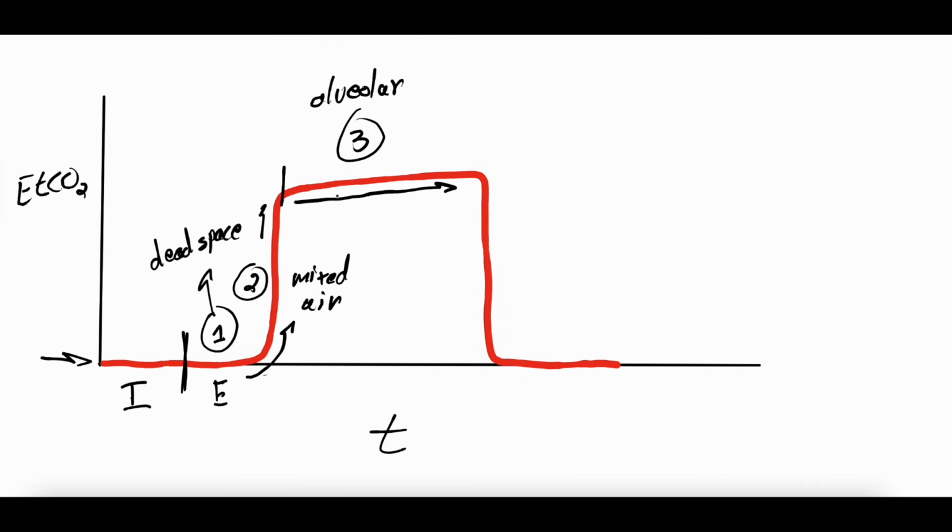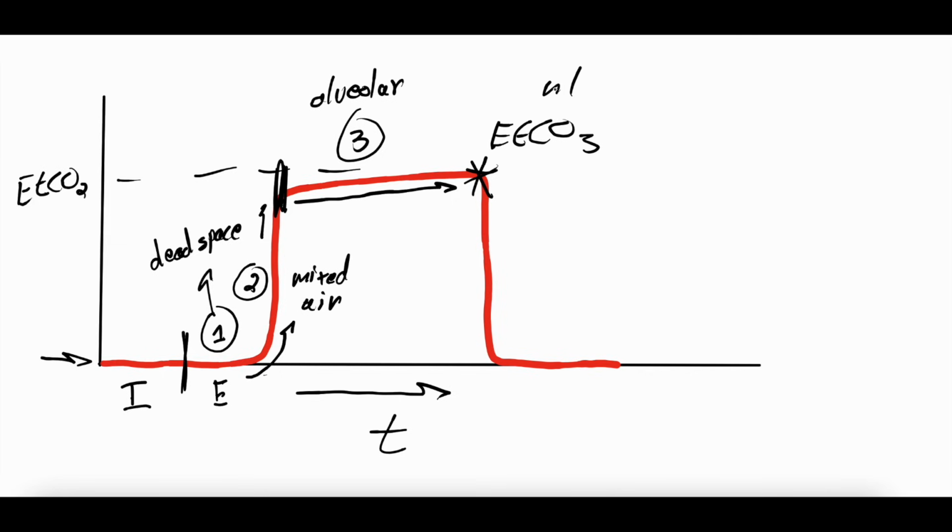Well, this is what it is for this whole degree of expiration, because once you get to alveolar air, even as I'm still breathing out, all that alveolar air has the same amount of carbon dioxide in it. So once I get to phase 3, the carbon dioxide measurement stays the same because it has the same amount of carbon dioxide this whole time I'm expiring alveolar air. And this peak here is what the machine will measure as the end tidal, right?